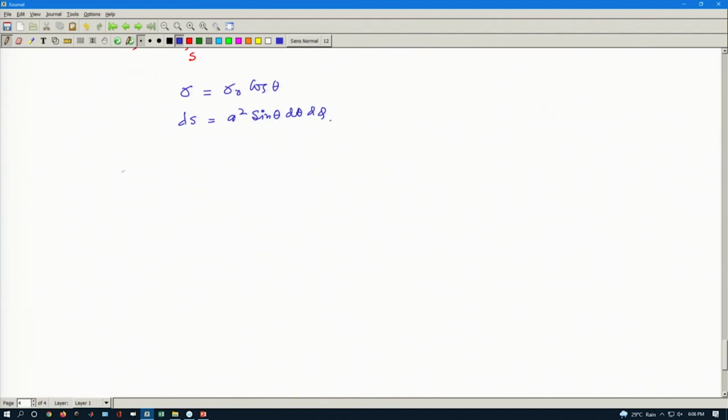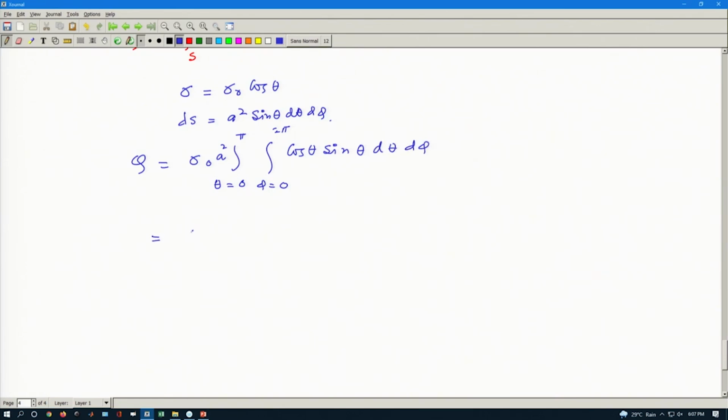Now if I calculate my q, it should be simply sigma 0 integration, theta goes from 0 to pi, phi goes from 0 to 2 pi, and then I have cos theta, and a square outside, and then sin theta d theta d phi.